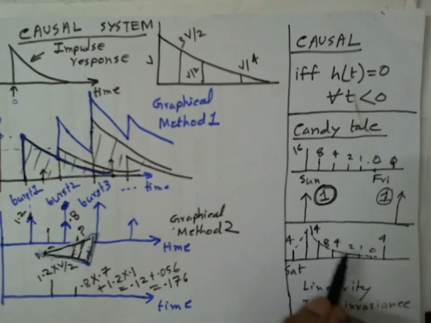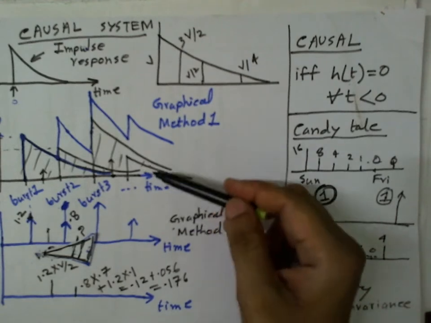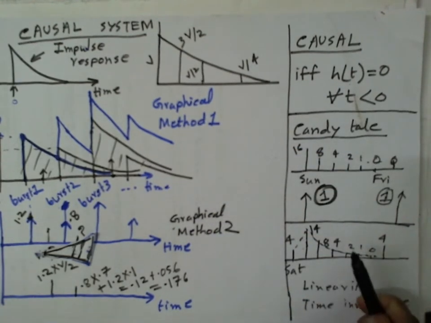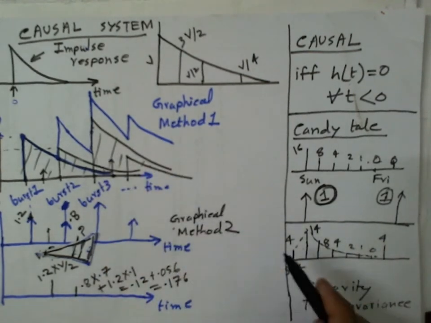But whether it's causal or non-causal, it doesn't matter, and we can safely apply graphical method 1 or 2 to estimate the number of candies each day, or in this case the velocity.